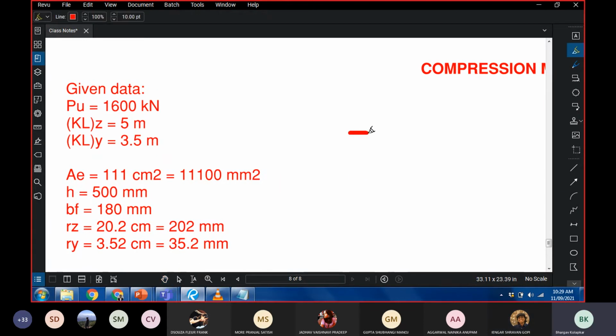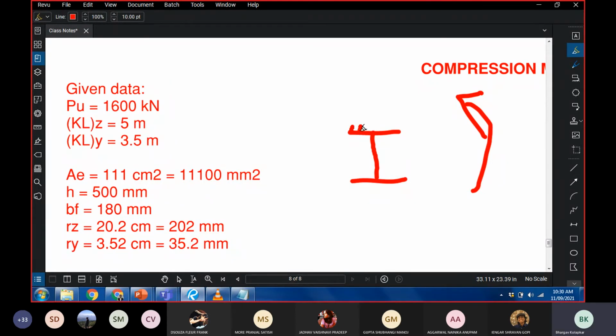So let us say this is our column section. When we are talking about bending about the major axis, we are concerned about the connection or the framing about the major axis.